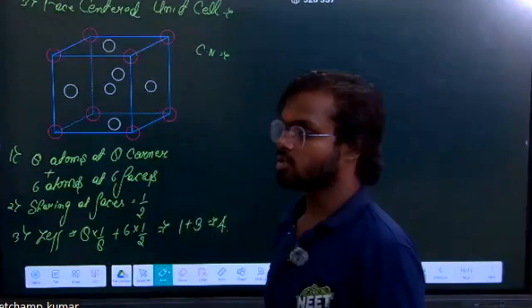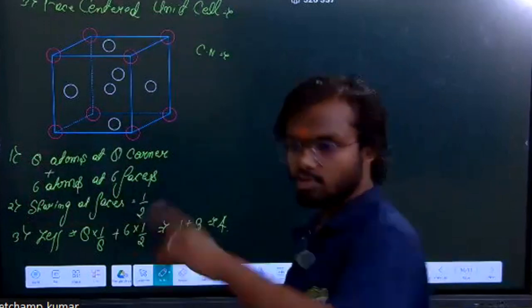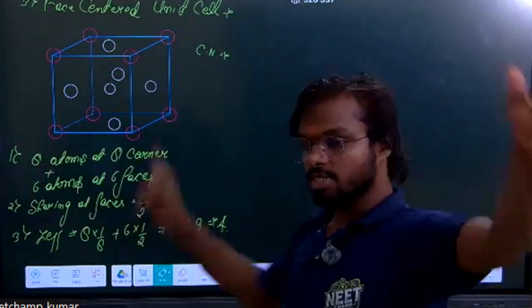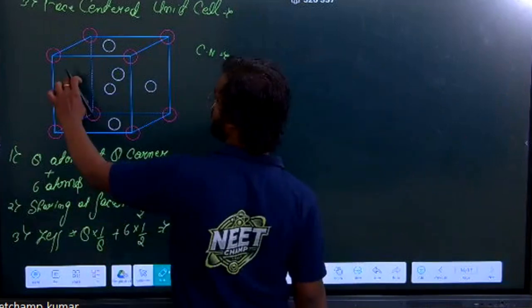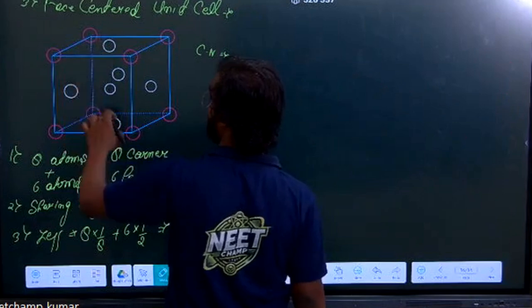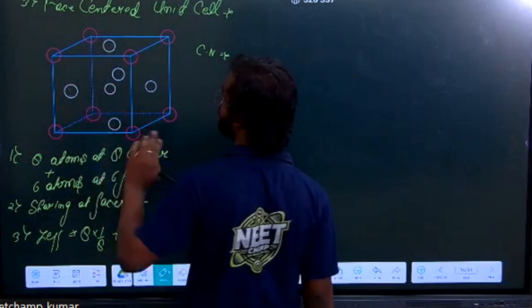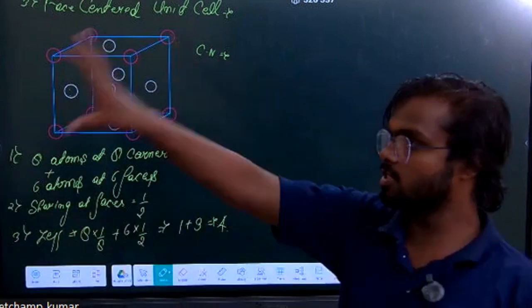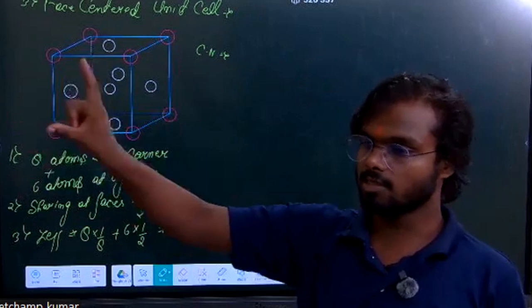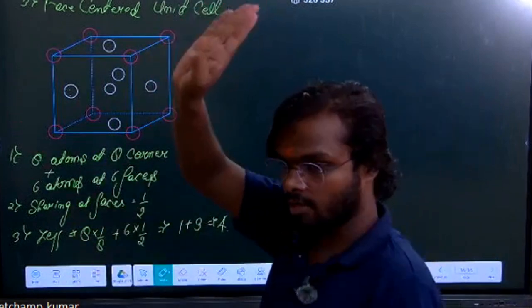This single atom is touching the corner atoms and also the atoms which are present at the faces. Suppose there is one atom at this face, it is touching the four corners: 1, 2, 3, 4. Four corners are covered.